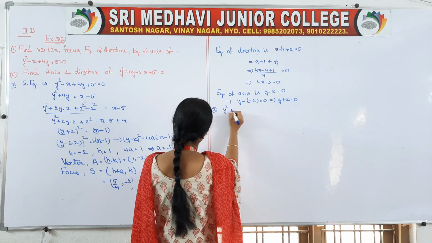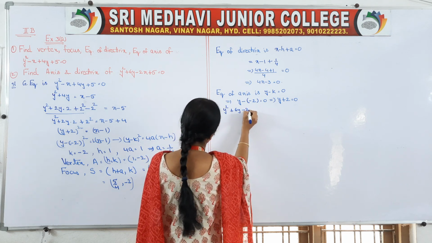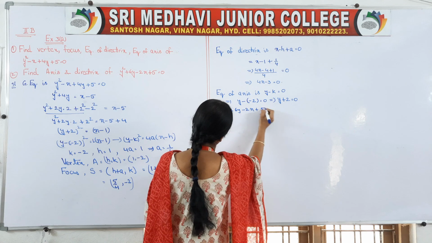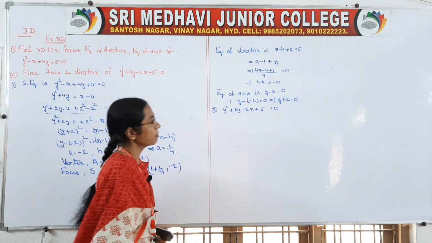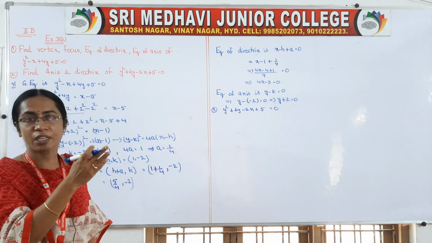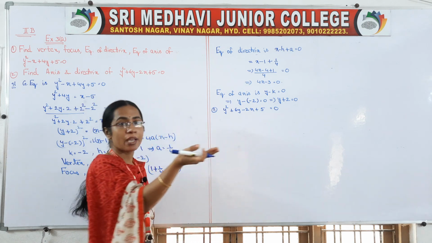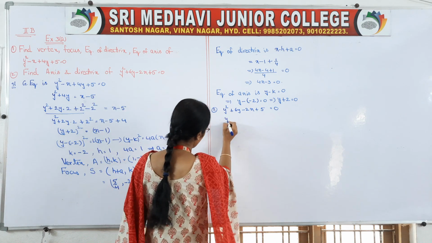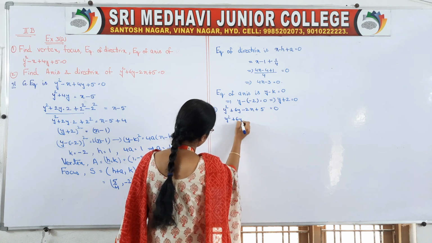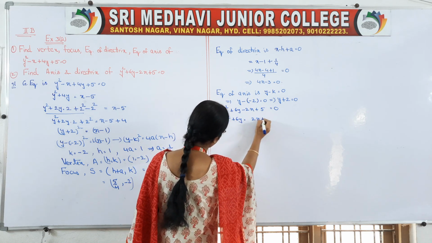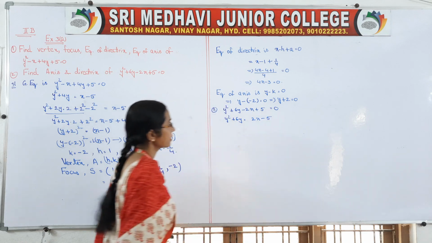y square plus 6y minus 2x plus 5 is equal to 0. Same thing: y square term, y term, x term means we want the form y minus k whole square is equal to something into x minus h. So y square plus 6y is equal to, sending the other terms to the other side.